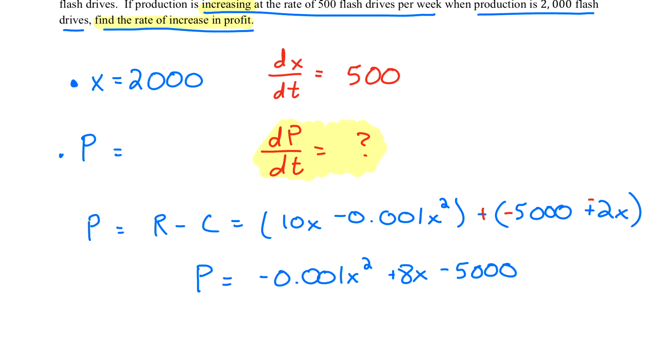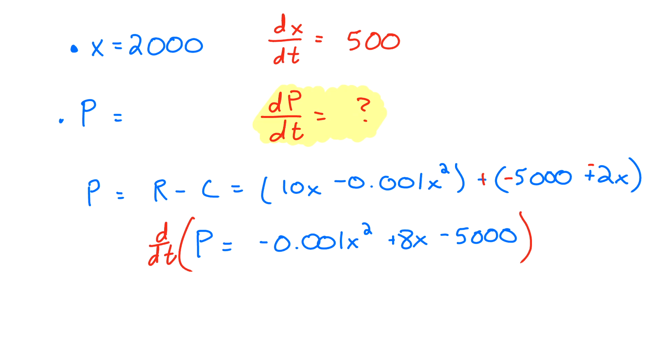So just like every other example that we've seen so far, I'm going to take the derivative with respect to time. So the derivative of p would be 1 times, again, profit is going to change as time moves forward, which means that profit is a function of time, which means I need to use implicit differentiation.